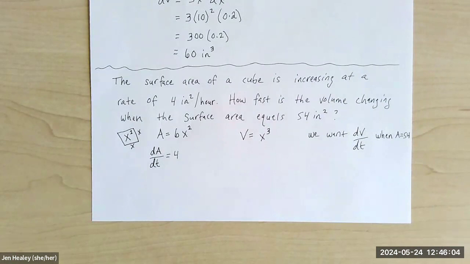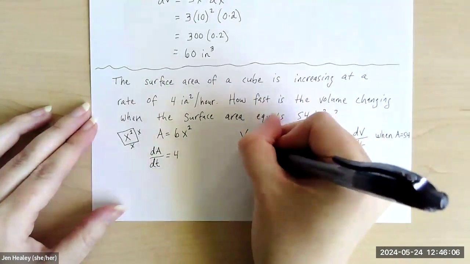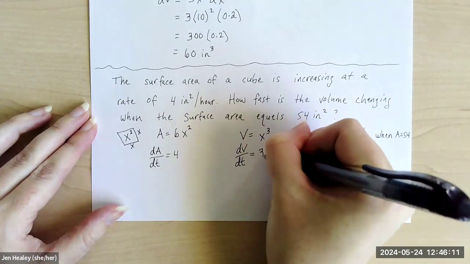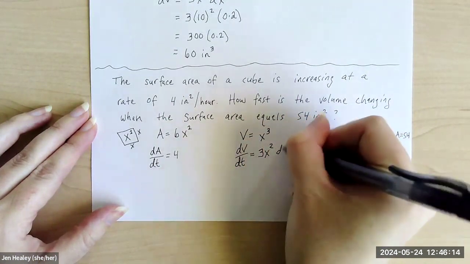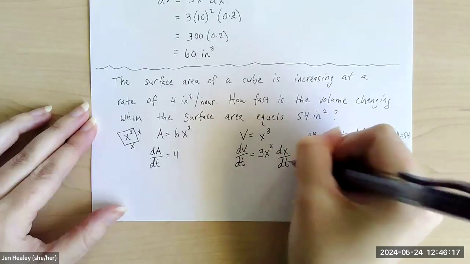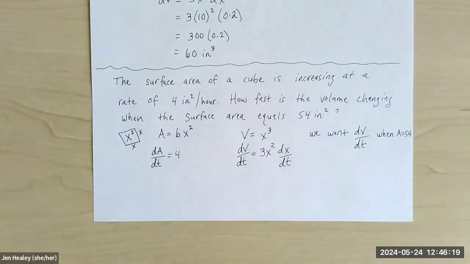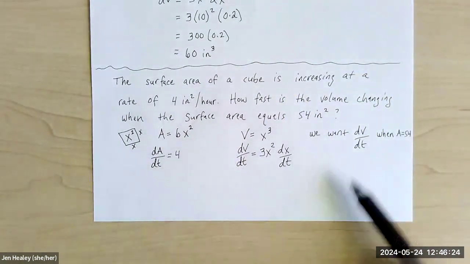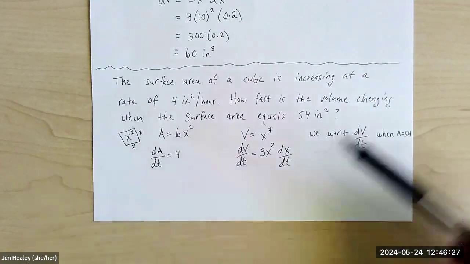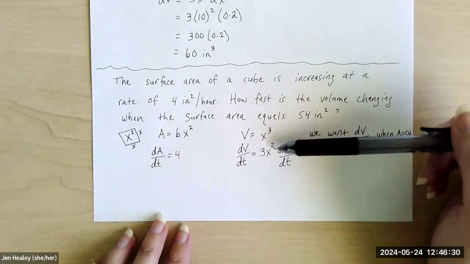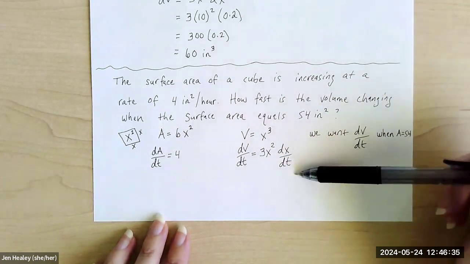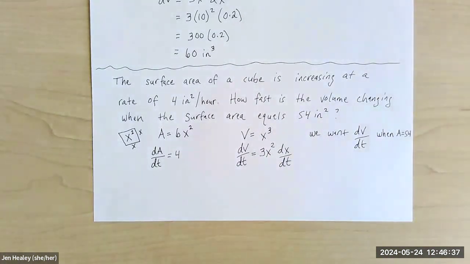So if I go and take my dV/dt over here, I'm running into a problem, because when I did that, I need to be able to plug in a side length of x, and I need to be able to plug in a dx/dt, and I don't have either of those things, right?